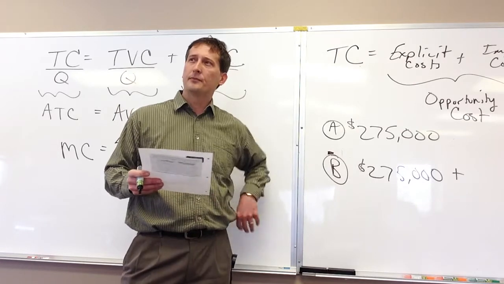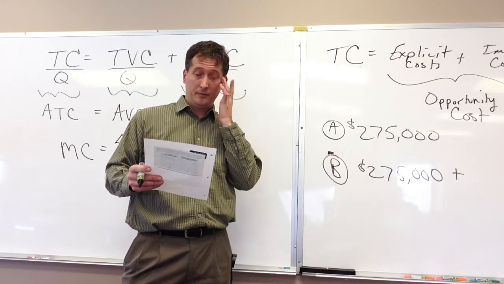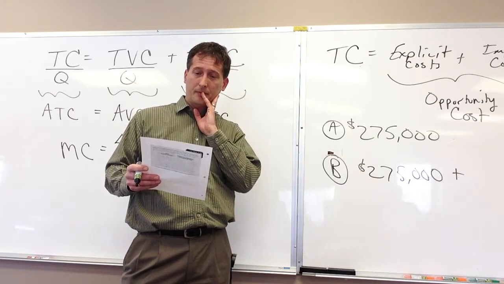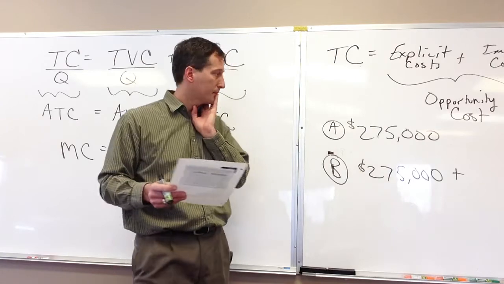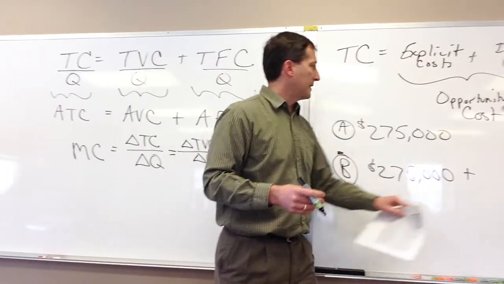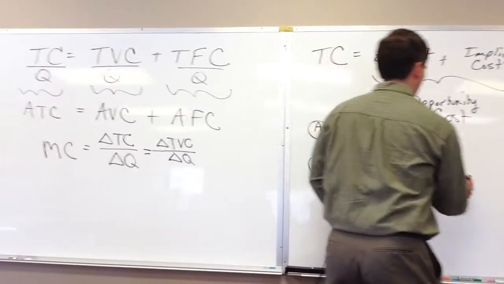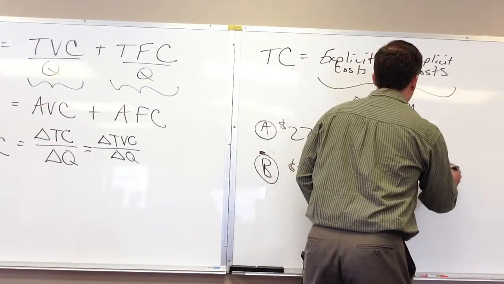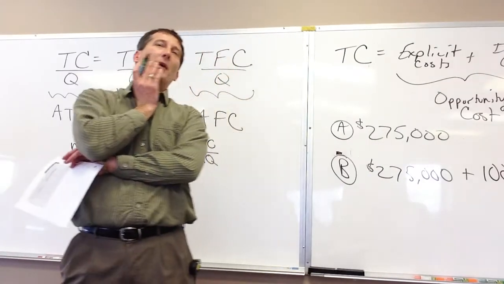Since it's the highest value alternative, one of the options is also the salary. Okay. So renting of the building, so you want to add 100,000. Okay. Well, that's the question.